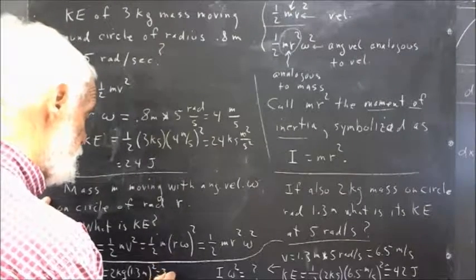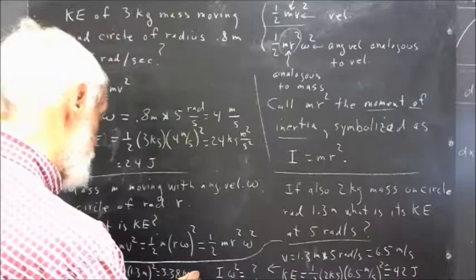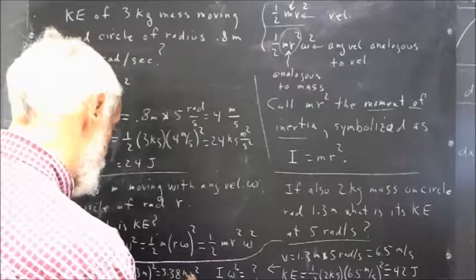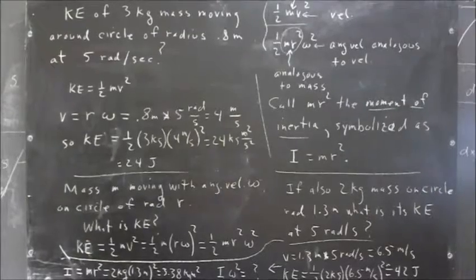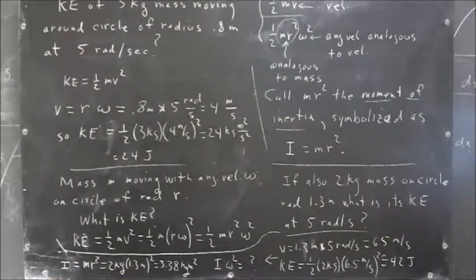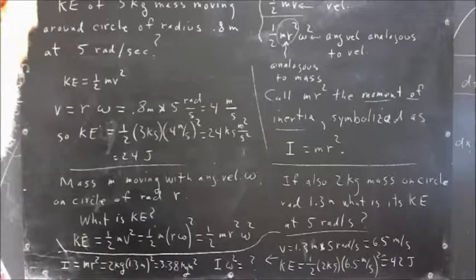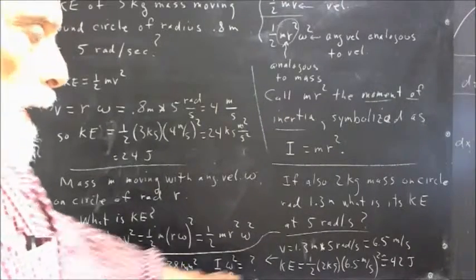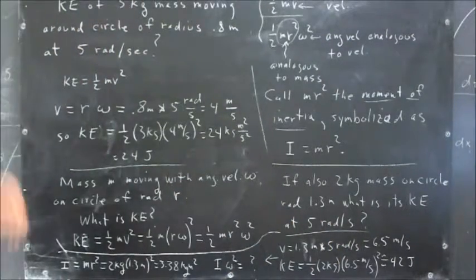You can check my arithmetic. Kilogram meters squared. Now, if the moment of inertia is 3.38 kilogram meters squared, then I omega squared would be that multiplied by the 5 radians per second quantity squared.